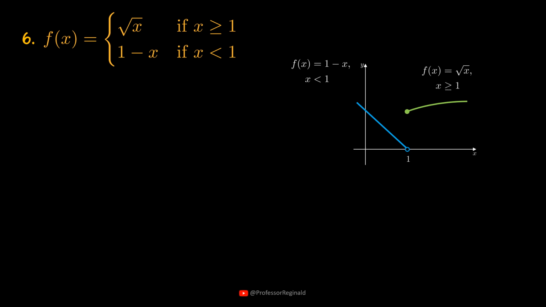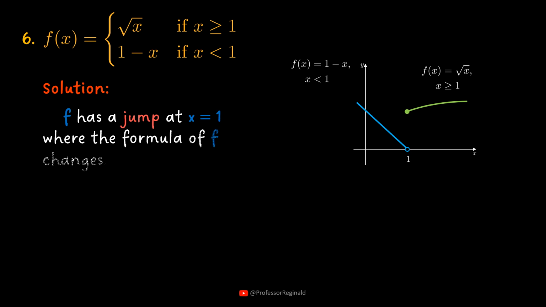Solution. The graph shows that f has a jump, i.e., a non-removable discontinuity, at x equals 1 where the formula of f changes. f is discontinuous at x equals 1, even though f of 1 is defined.